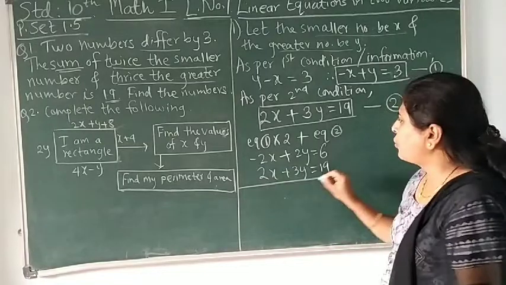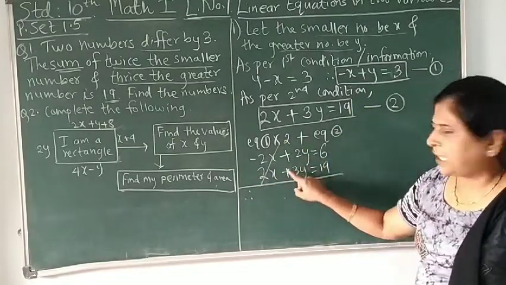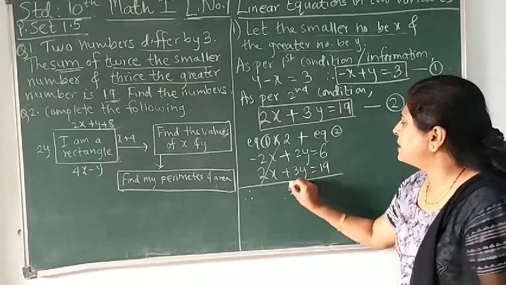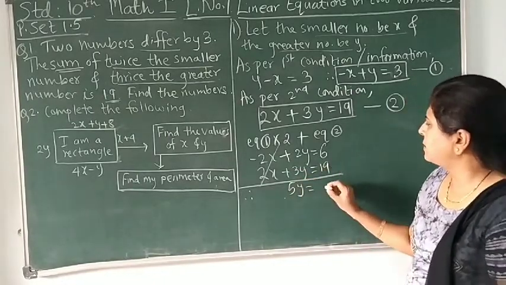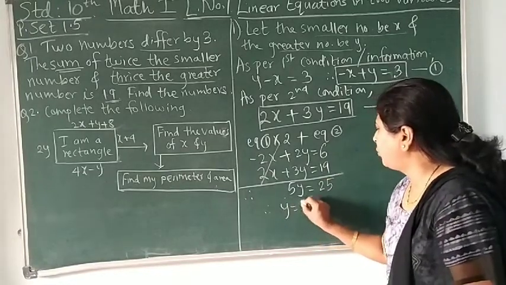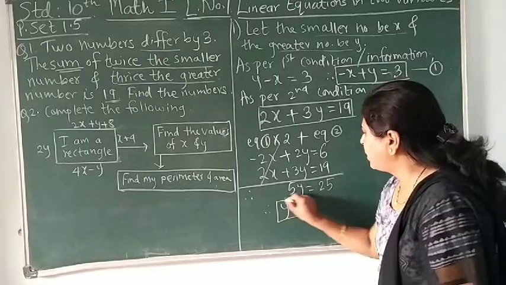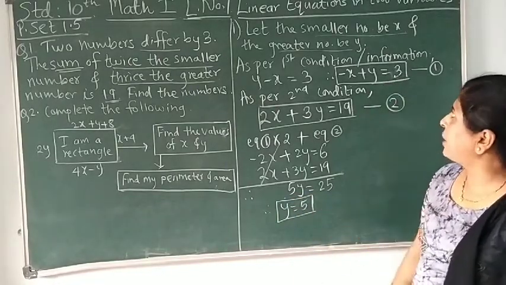While adding, the x terms cancel, and therefore 2y plus 3y gives 5y is equal to the addition of these, 90 plus 6 gives 96... hence y is equal to 5. Okay. Now we have got the value of one of the variables. So the greater number, which is y, we have got.